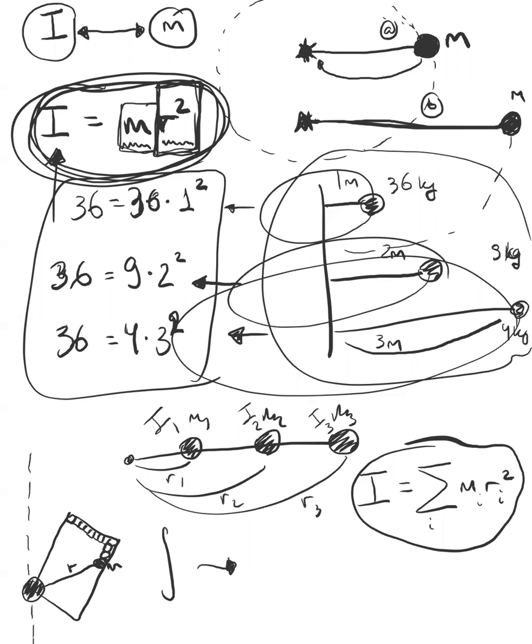If you're interested, I'm not going to make a big deal out of this. I'm not going to ask you to compute integrals to find moments of inertia of objects, but if you're interested, please check it out in your textbook.